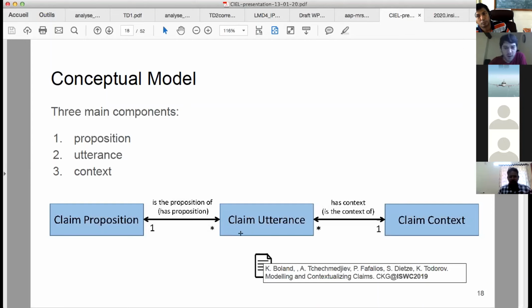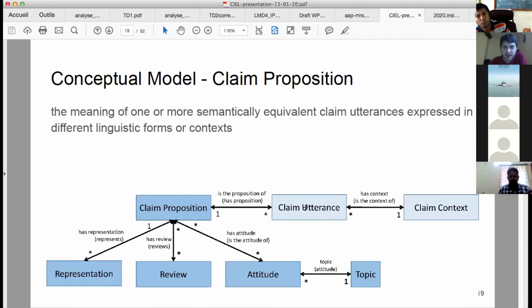So where the difference would come is that if we have sarcasm which comes to modify a particular utterance, then in our model, those two utterances, one which is straightforward and another one which is sarcastic, would be attached different propositions.